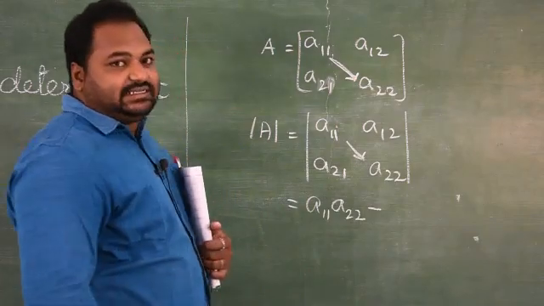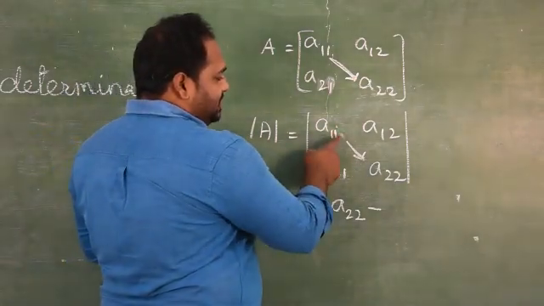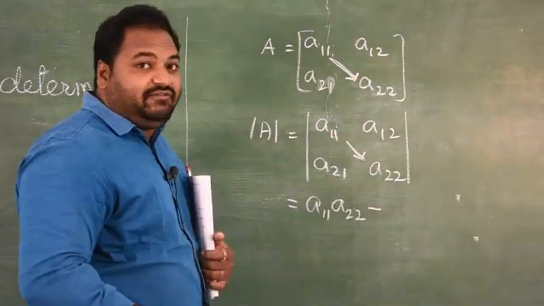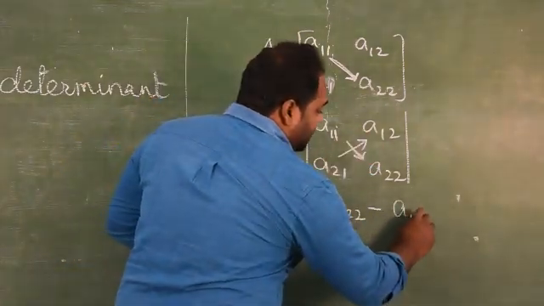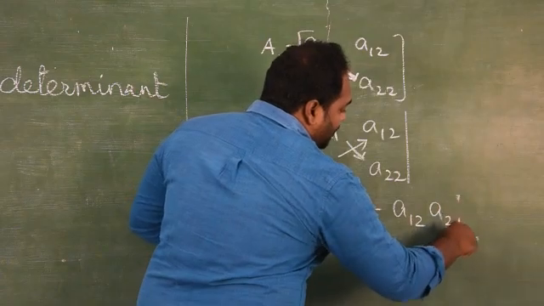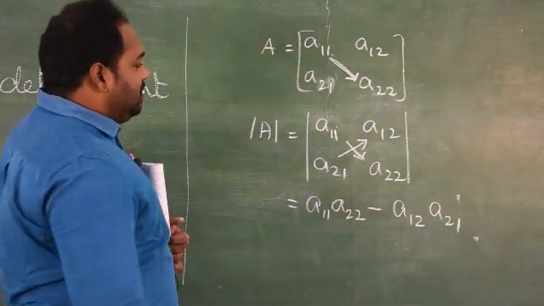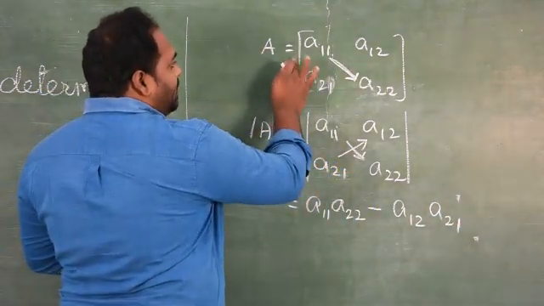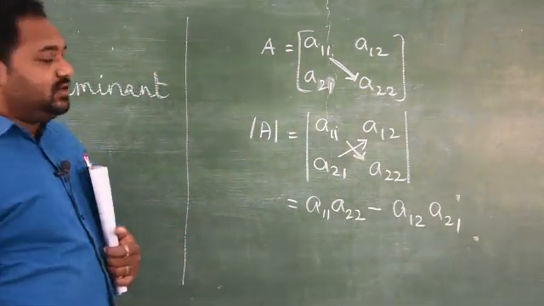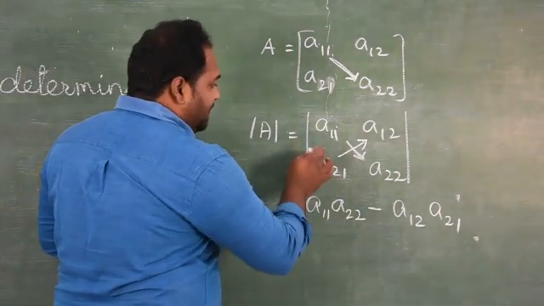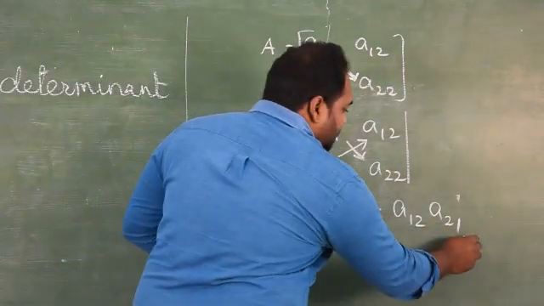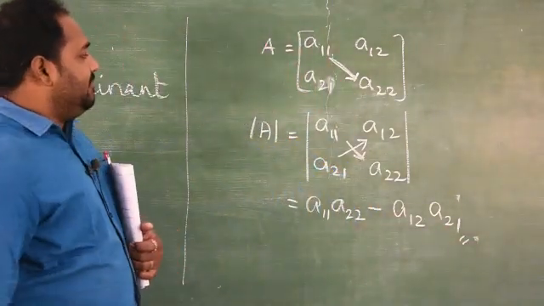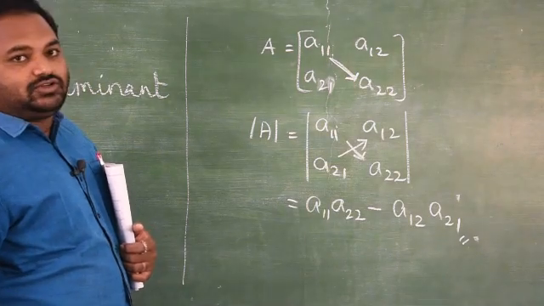The procedure is: first, multiplication of these 2 elements, A11, A22, minus the multiplication of these 2 elements, that will be A12, A21. So this is the value of this matrix A. This is the value of determinant modulus A. This is how we find the determinant value for a 2 cross 2 matrix.